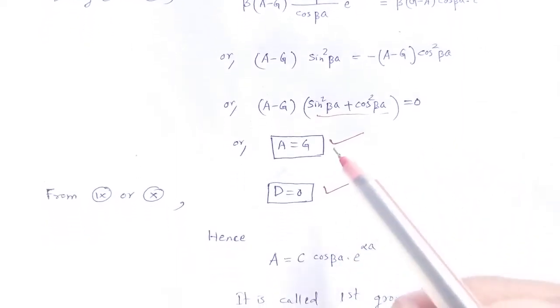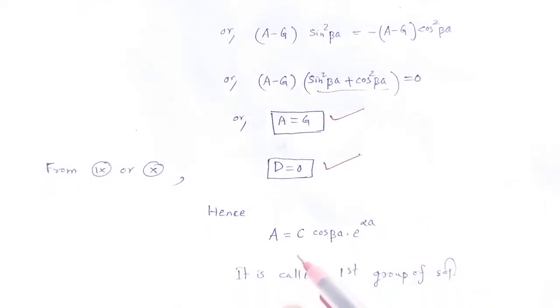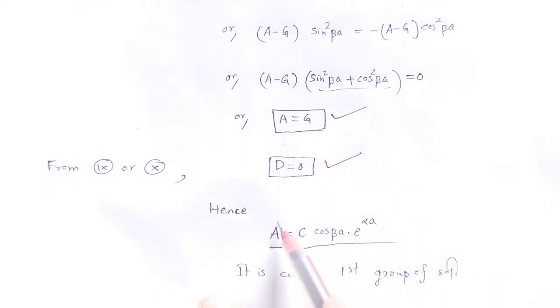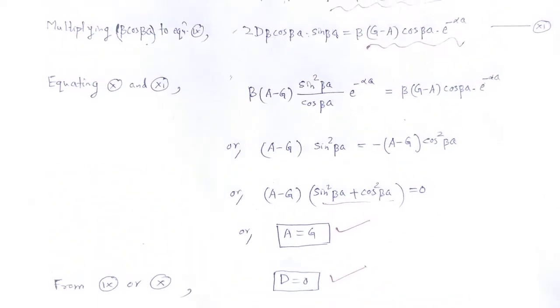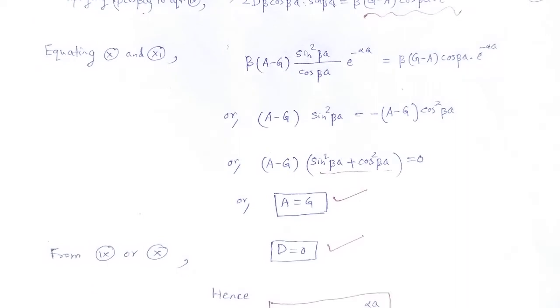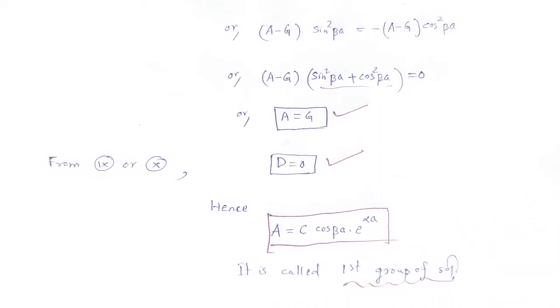So using these values, a is equal to g and d is equal to 0, we get y is equal to c cos beta a into e to the power alpha a. This is known as the first group of solution.